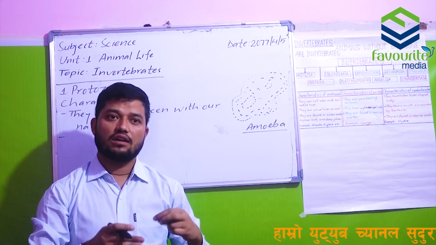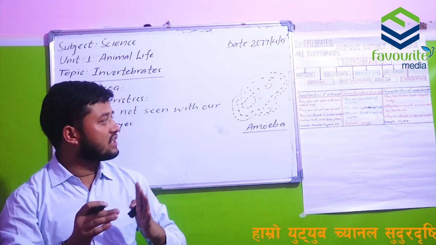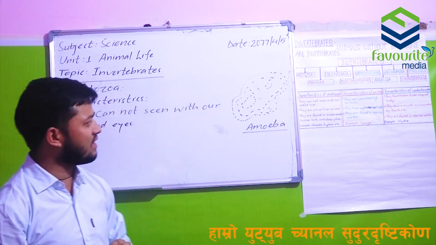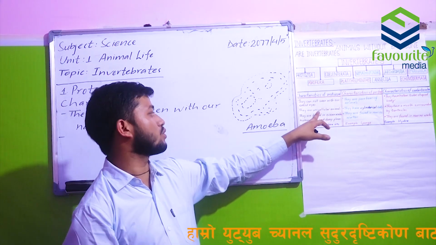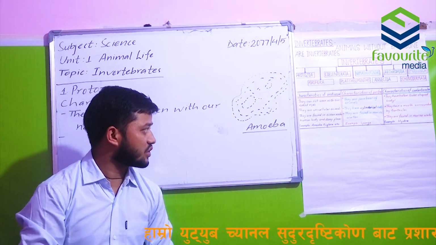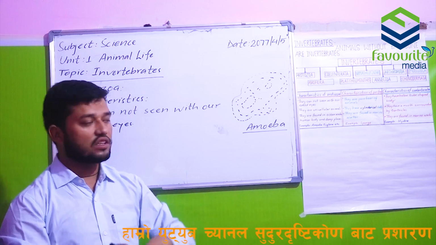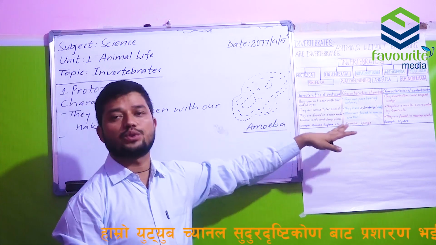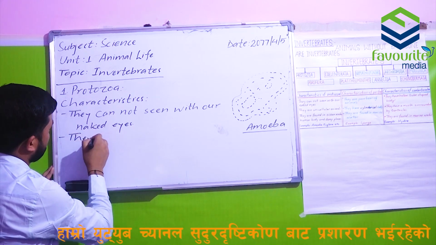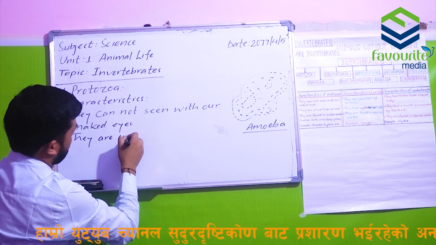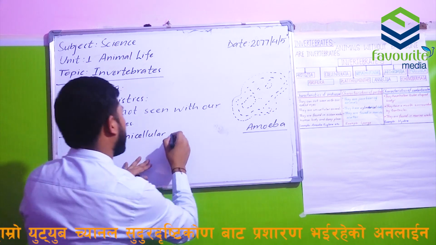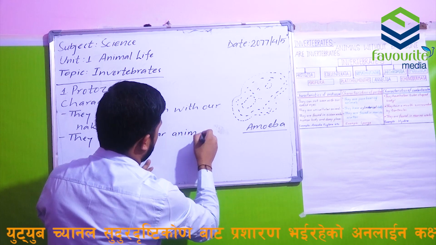Unicellular means animals whose body is composed of a single cell, and the single cell of these protozoans controls all the activities like excretion and respiration. They are unicellular animals.